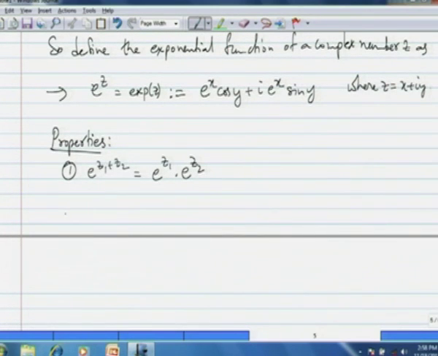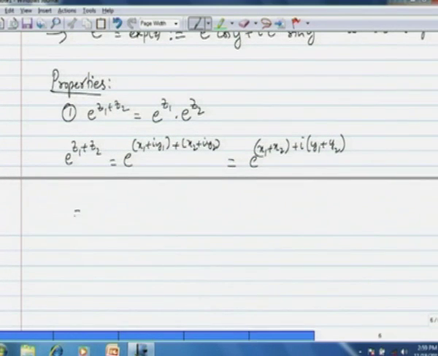So, e power z1 plus z2 is, if I write z1 as x1 plus i y1 and z2 as x2 plus i y2, this is e power x1 plus x2 plus i times y1 plus y2.